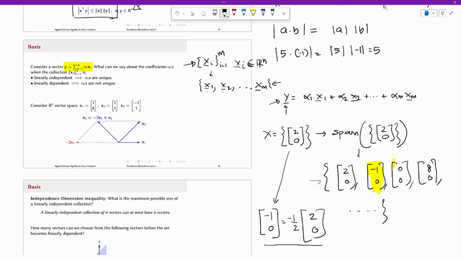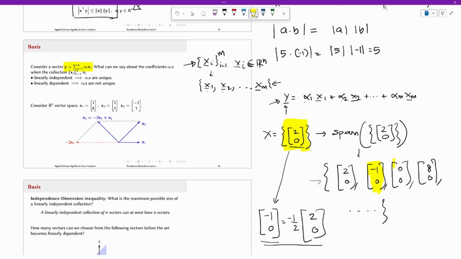I could ask, is there another possible linear combination of this vector which would produce this vector? No, in this case, there is no other one. That is primarily because the set that you started with was a linearly independent set.